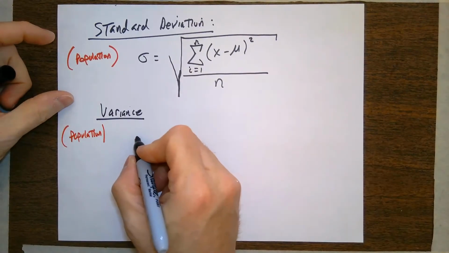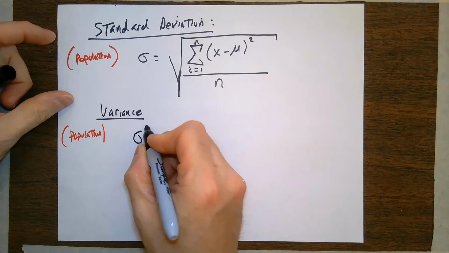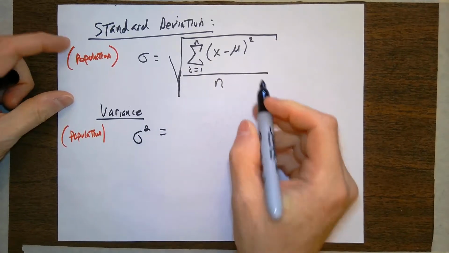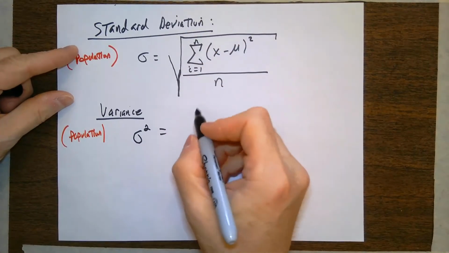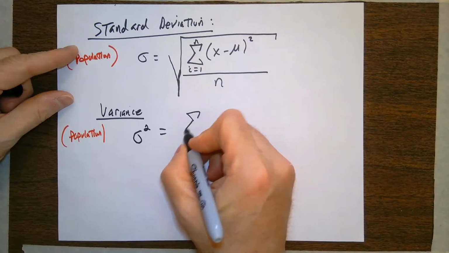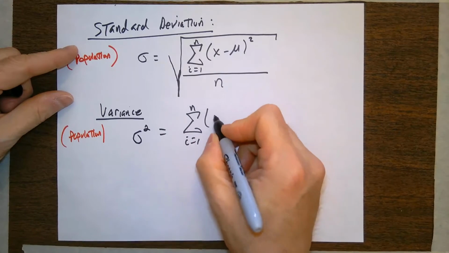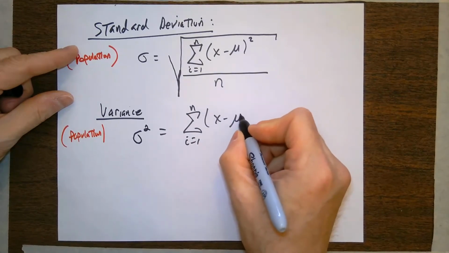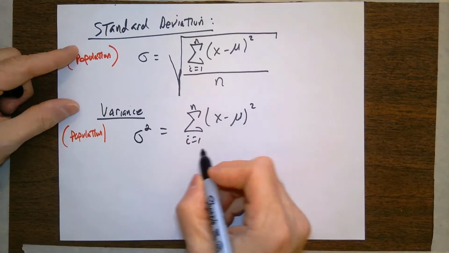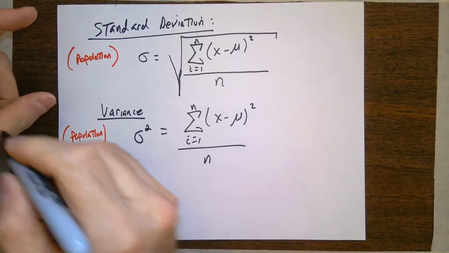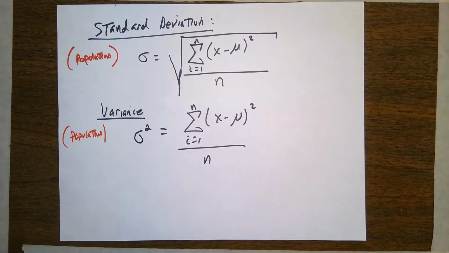It's going to be the standard deviation squared. So as you can imagine, we're just going to get rid of the square root here. So it's going to be the sum from i equals 1 to n of each data point minus the mean, squared, all over the number of data points.